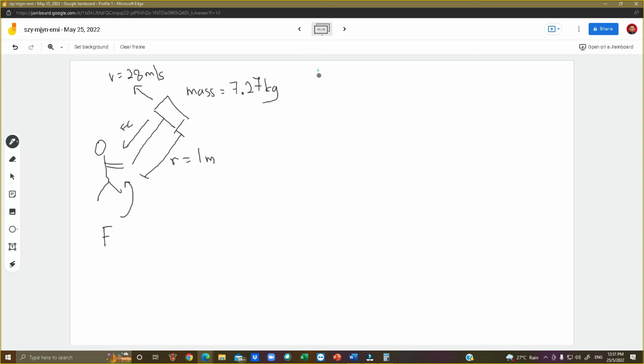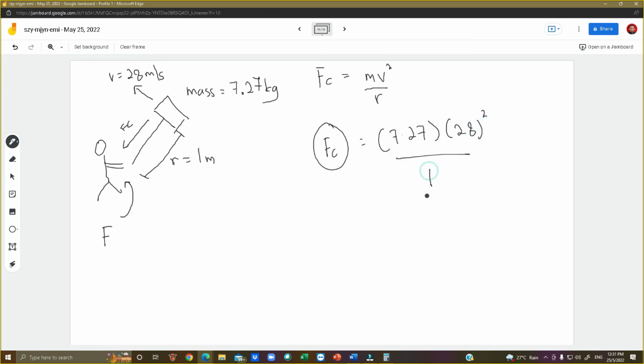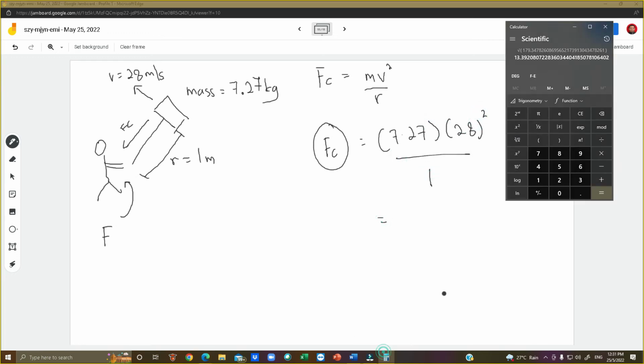So kita pakai formula yang sama. FC equals to mv square over r. FC kita tak tahu. We try to find out FC. It will be 7.27, V will be 28 square, and R will be 1. Direct forward je ni. Okay, 28 square times with 7.27.